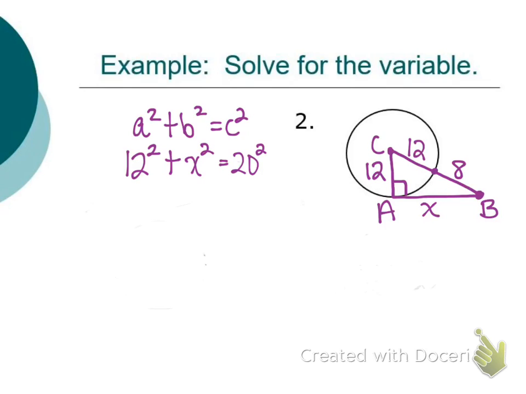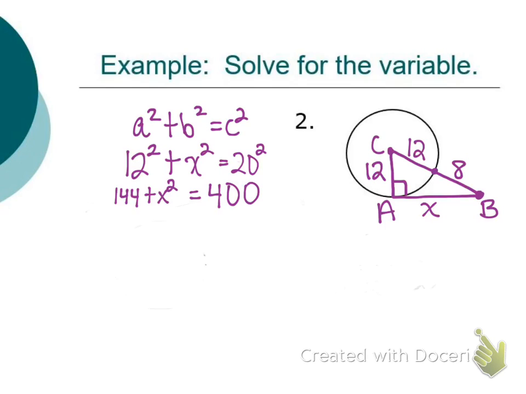How did we come up with a 20? We had to add the 12 and the 8 together to get the 20. Questions about setting up our Pythagorean theorem? Moving on, we need to square 12. 144 plus x squared equals 400.